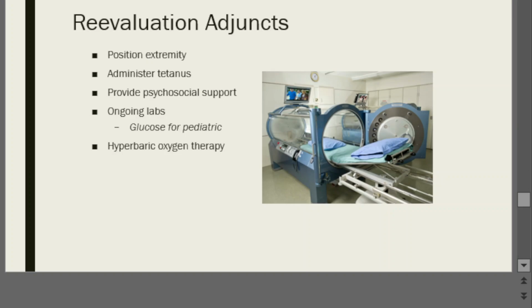These, like I said, can be quite devastating. Then we're going to do some ongoing labs, repeat those ABGs. We're going to continuously check that glucose for our pediatric patient, and then we might consider some hyperbaric oxygen therapy, especially if the patient has had some carbon monoxide issues.